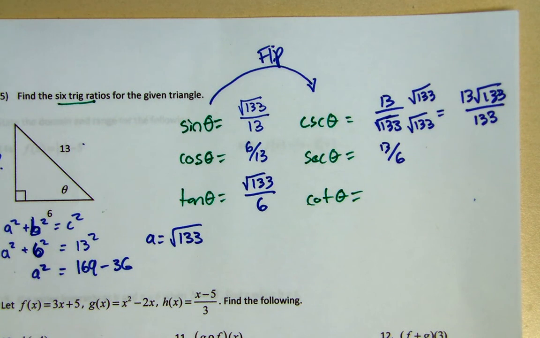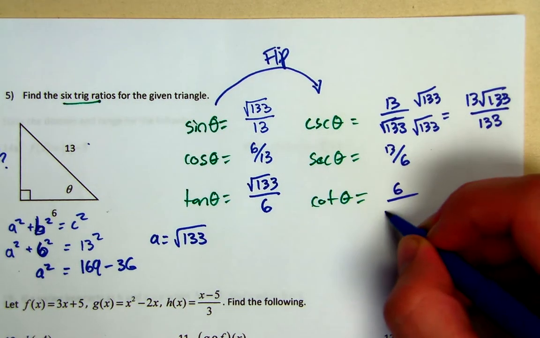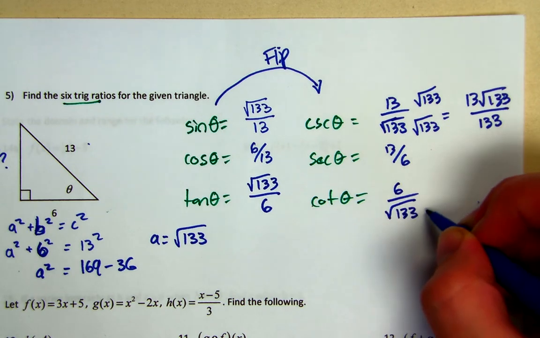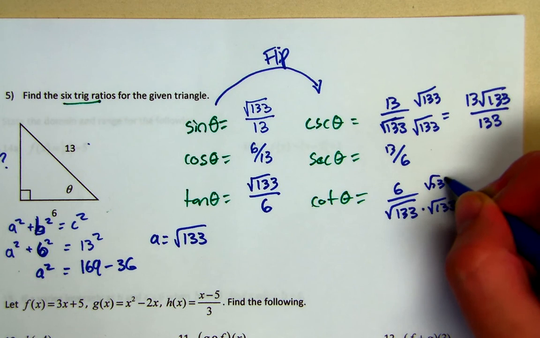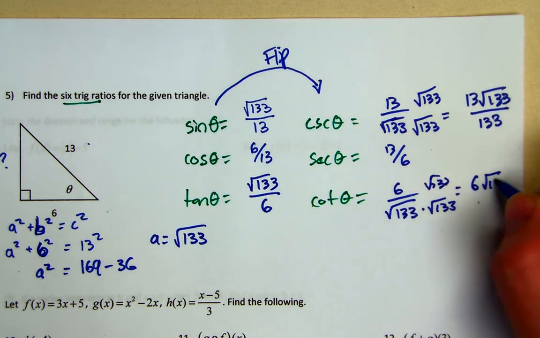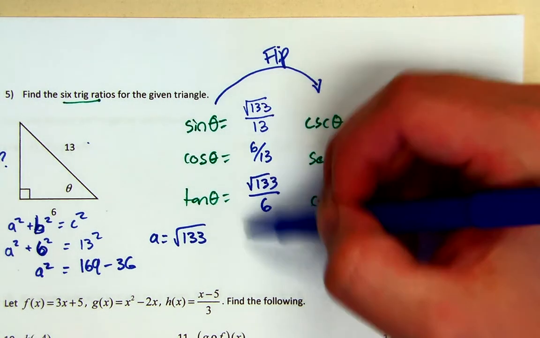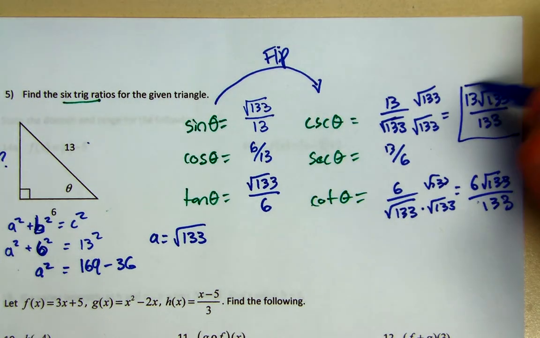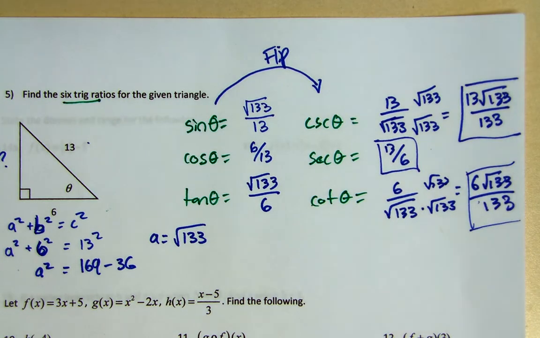I'm glad that one doesn't have to be rationalized. And cotangent, we're going to have to rationalize. Darn. 6 square root 133 over 133. So we've got 3 ratios there, 1 ratio there, 1 here, and our last one there. So that is our review for trig.